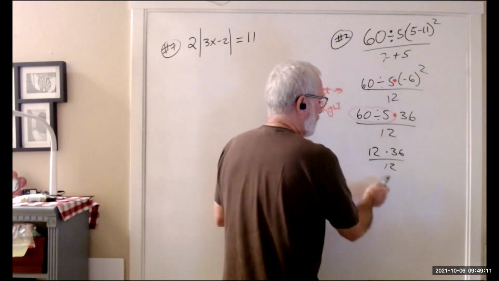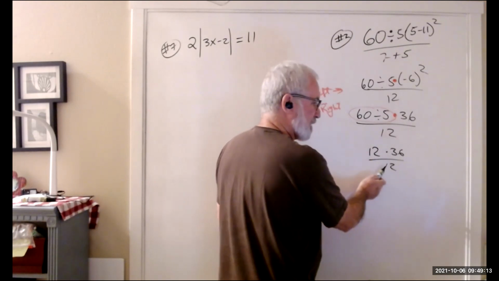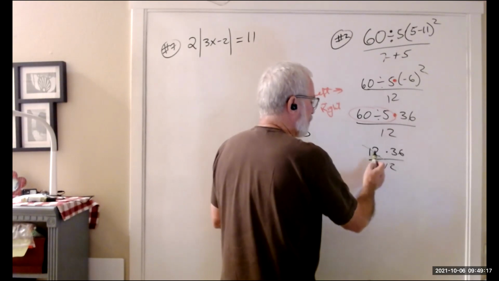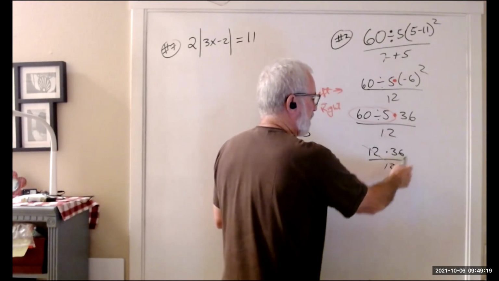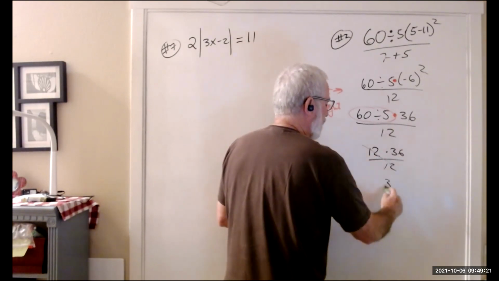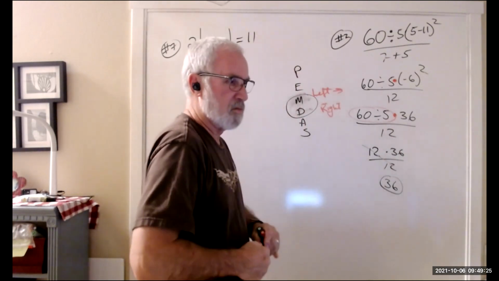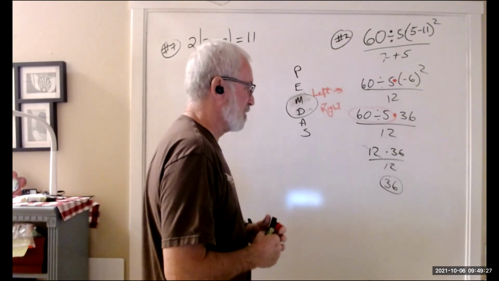The 12s happen to cross cancel. You could have done 12 times 36 on your calculator divided by 12, whatever, you still get the answer of 36 no matter what.